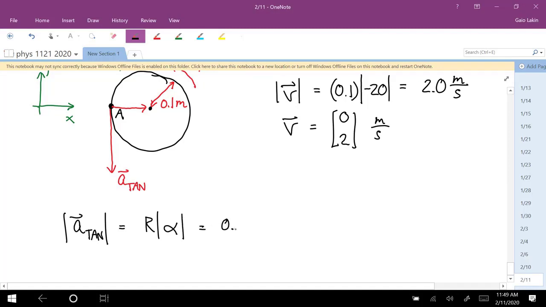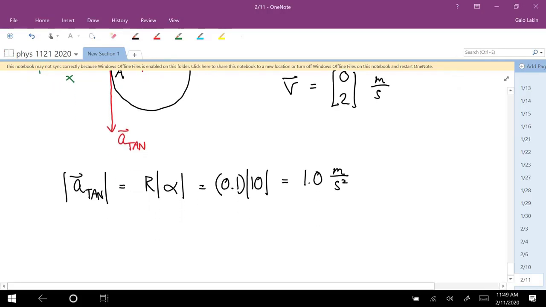So that's 0.1 times the absolute value of 10, and that's 1.0 meters per second squared. That's in the negative y direction. So the tangential acceleration is 0, negative 1.